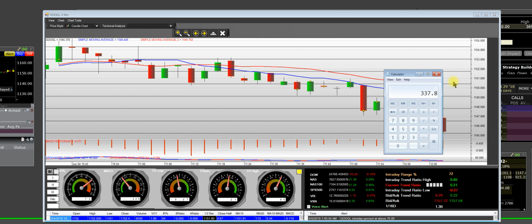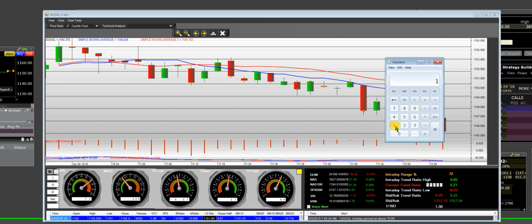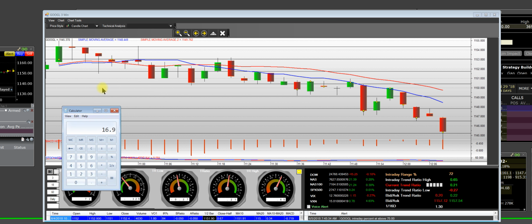Whoops, that's the wrong price. I'm sorry, forgive me about that one. It's going to be 12 teenies, 13 teenies times $1.30 is the total movement. So 13 times 1.30 equals $16.90 reversal off of this big high up here.